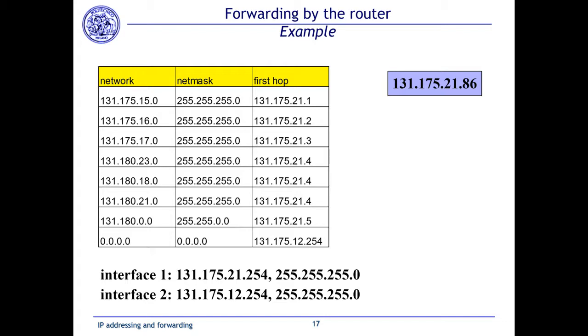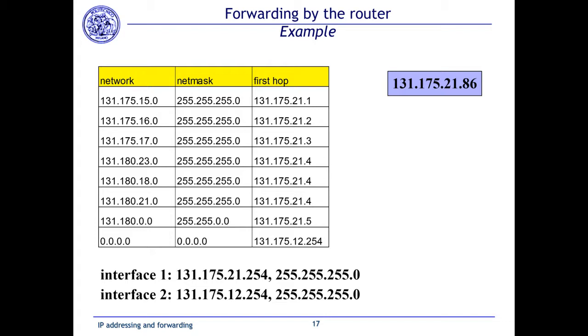Then in the third column you have the IP addresses of what are called here the first hop, but usually also called next hop routers, so where to send packets that are matching those entries.